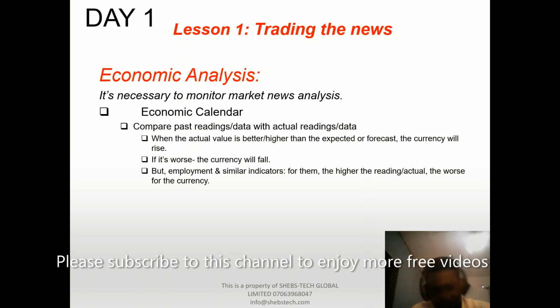The opposite of this analysis is when you are looking at unemployment. If they release, let's say, non-farm payroll, NFP, when the data is being released, instead of looking for higher than forecast, you look out for less than forecast.